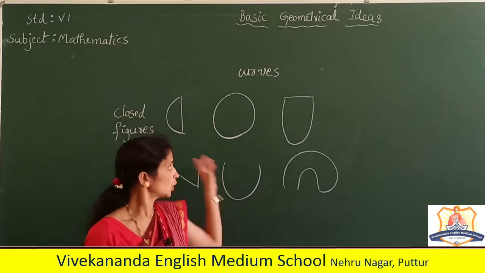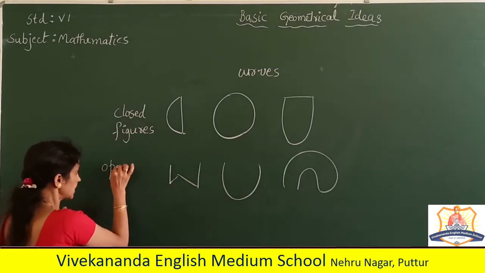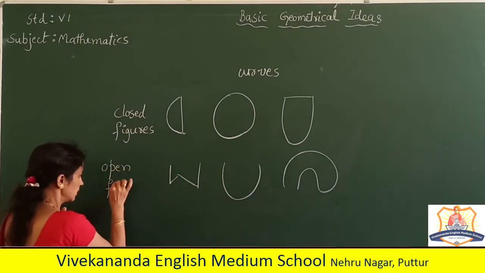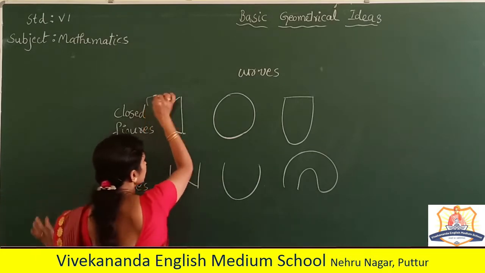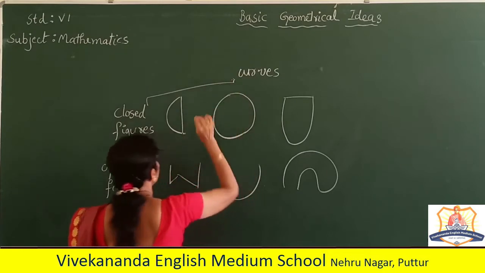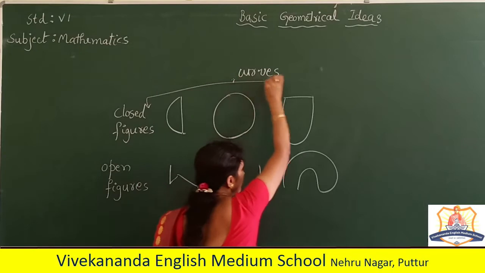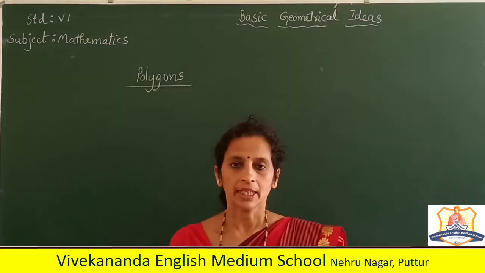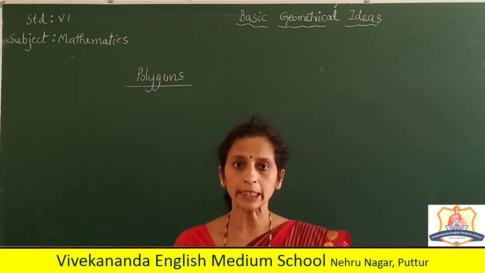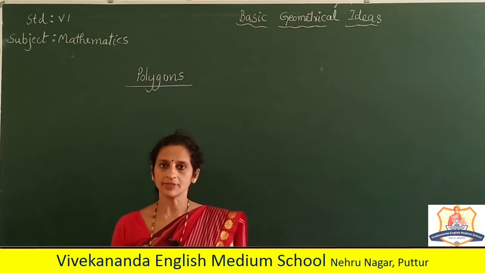They are closed figures, and another one is open figures which are not closed. So under curves we have 2 types. One is closed figure and another one is open figure. These are open figures.